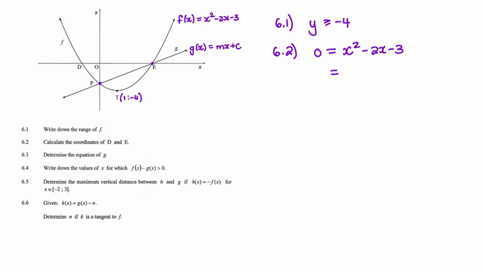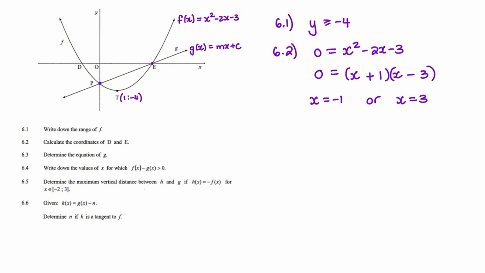And that's an easy trinomial to factorize. So if I split the factors of x squared, I have x, and the factors of 3 is 3 and 1. And I'm trying to create negative 2 in the middle. So my signs would be negative 3 and plus 1. Now if I solve for x, I have x is equal to -1 or x is equal to 3.